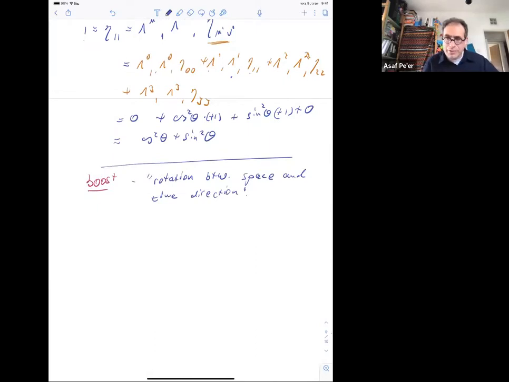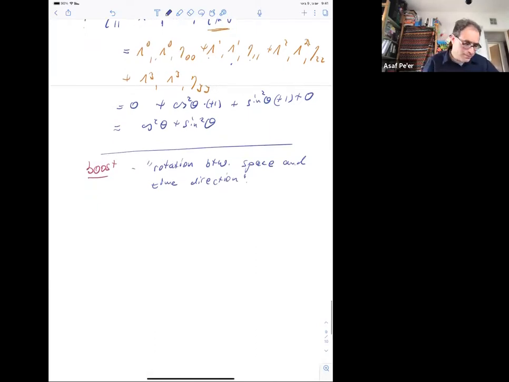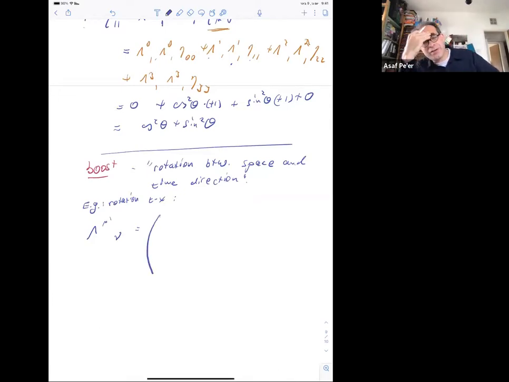For example, a rotation in t and x. Write it down, lambda, mu prime mu. Since I'm using time now, rather than cosine and sine, I'm going to use cosine hyperbolicus and sine hyperbolicus, because I have this extra minus sign.